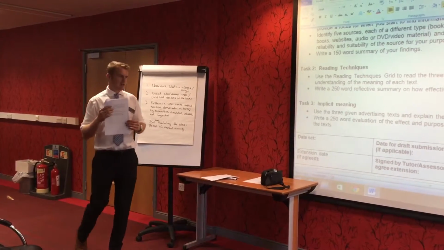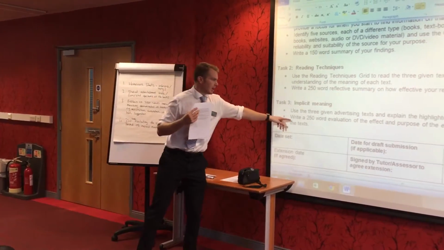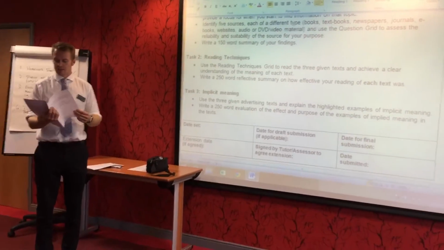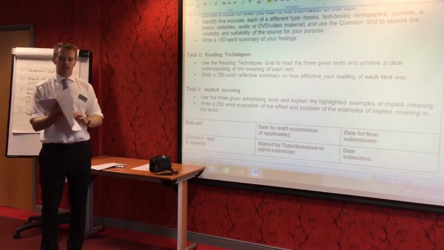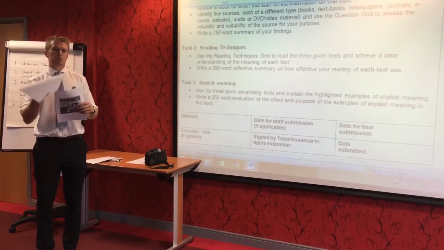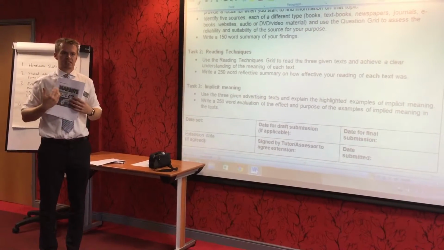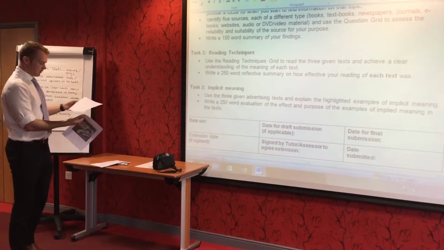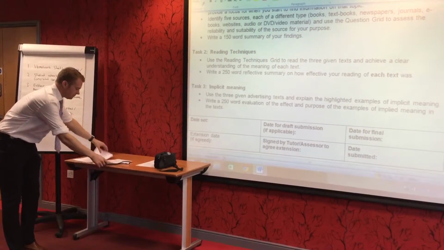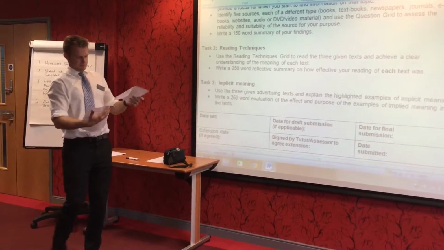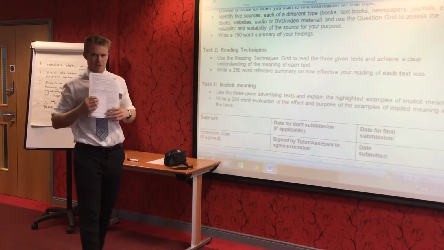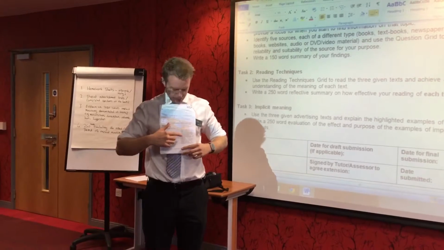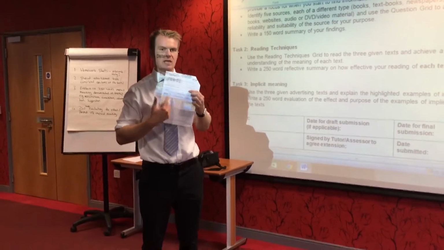So for the evaluation, what you're trying to do is evaluate these images. Do people buy into these images? Does it really work? So for 3.1, if you look here, I'm not sure if Paul can zoom in onto this, but for 3.1, you explain your implicit meaning.